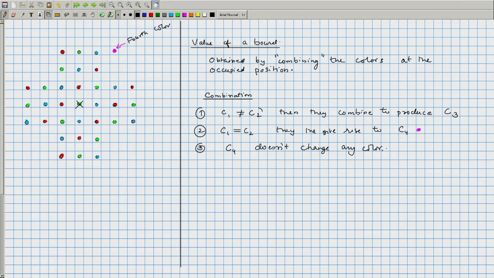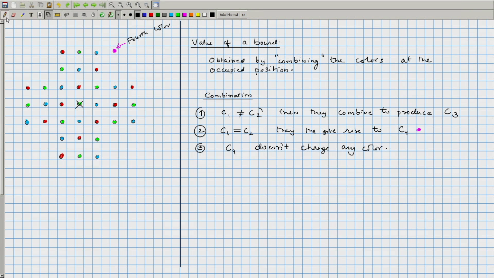Now, let us look at the initial value of the board. The way in which these colors combine does not really matter, because you can convince yourselves that the order of combinations does not matter. That means whether a red first combines with the blue and then combines with the green, or the other way, really does not matter.